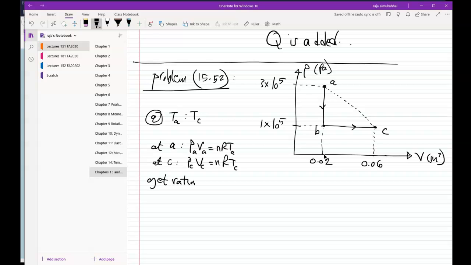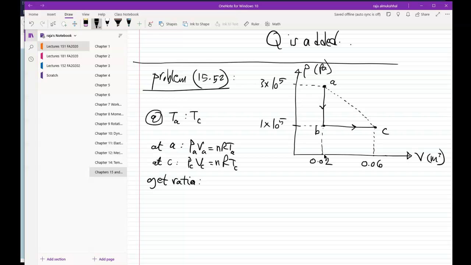I don't see 100% how to solve this problem, but I'm just using my common sense. If I get the ratio, probably something will happen. I'll end up getting something. So let's just get the ratio.